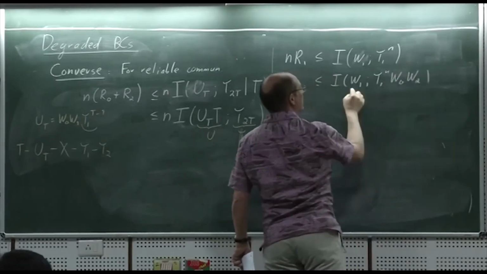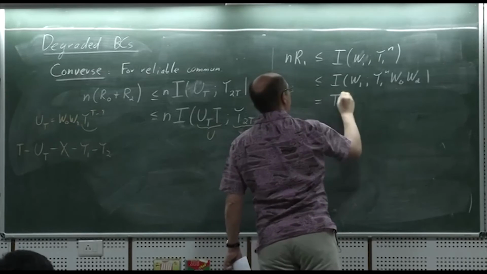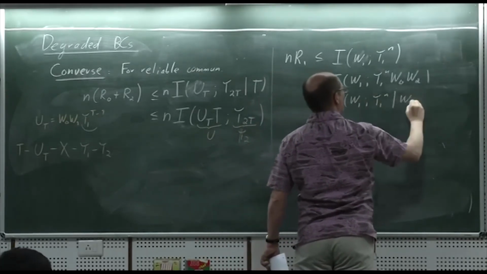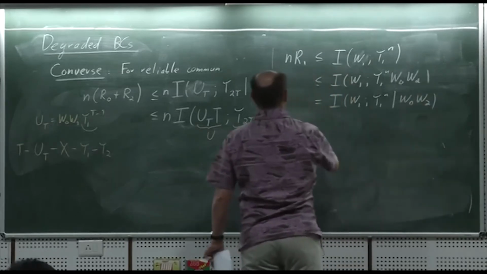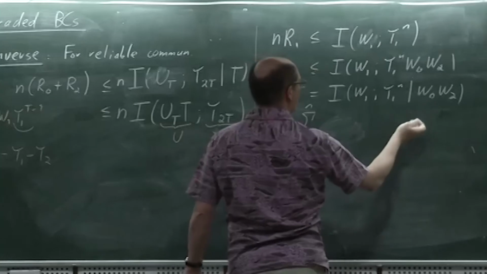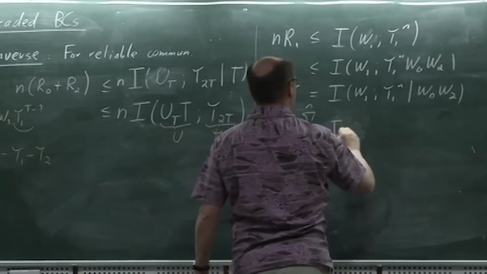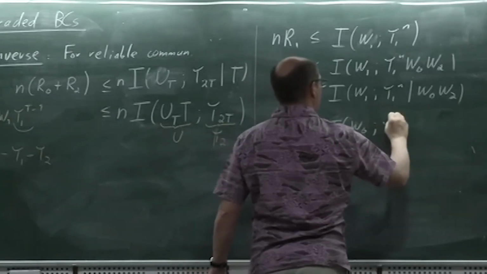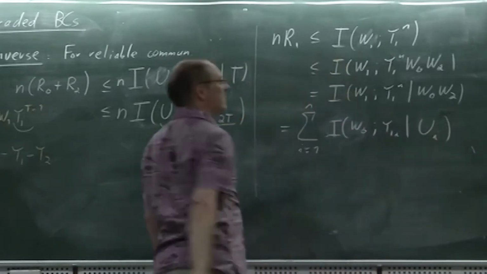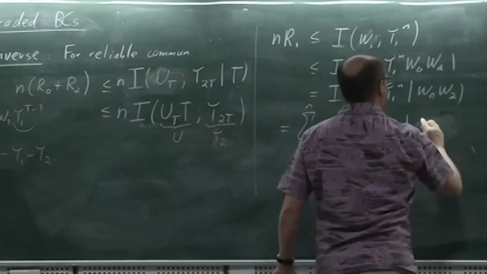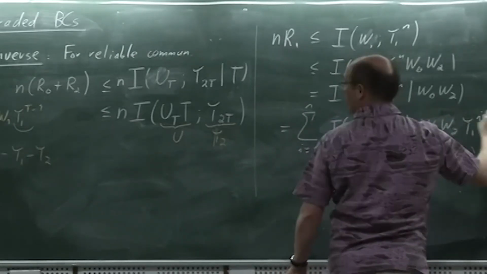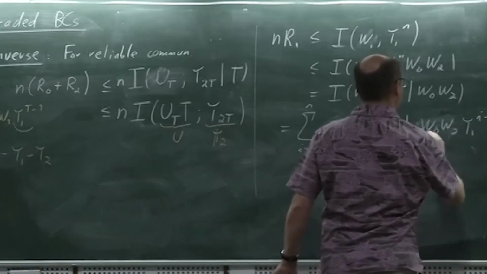But these two messages are independent of that one, so we get I of w1, y1n given w0, w2, and now it's just the chain rule. I of w1, y1i given w0, w2, y1i minus 1, namely given ui. That's just my ui. This here is my ui.